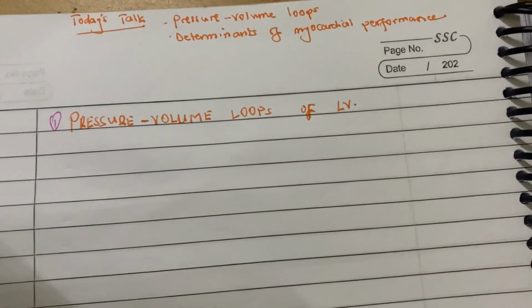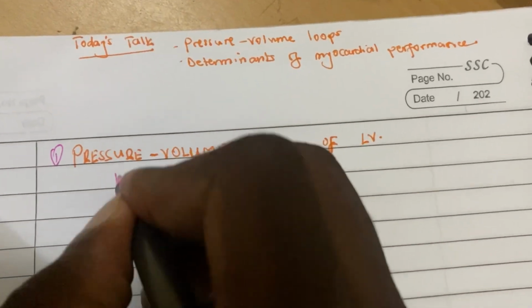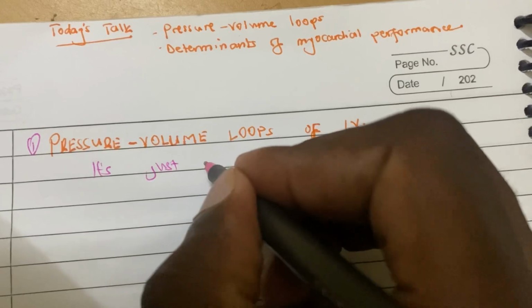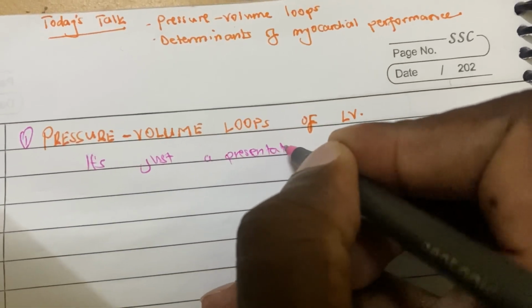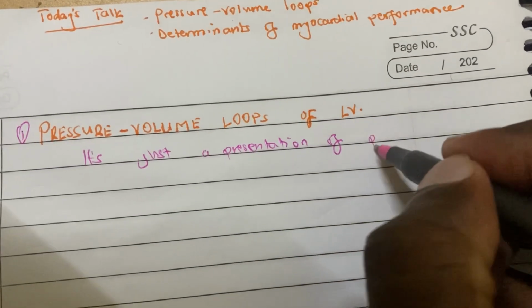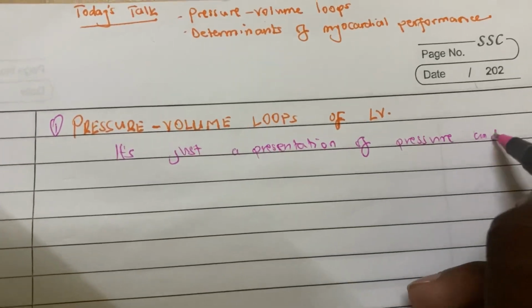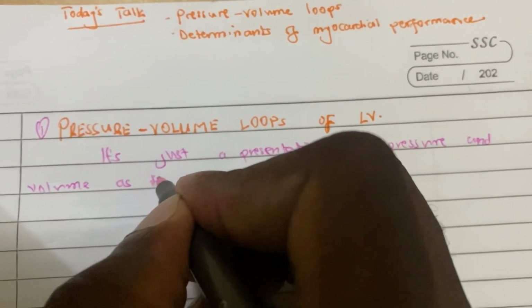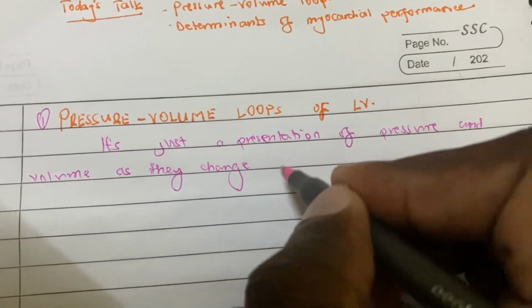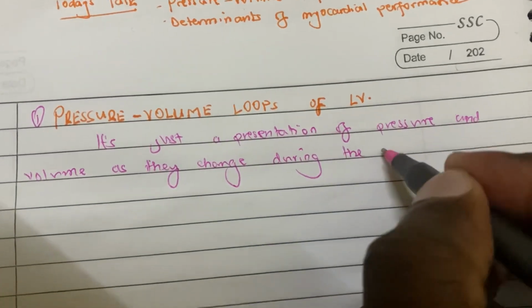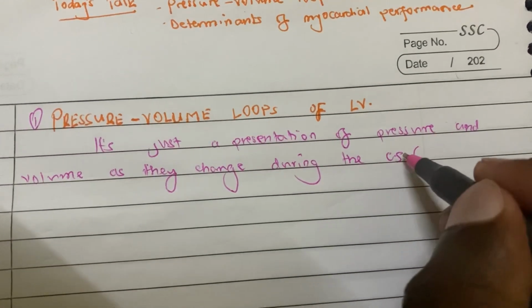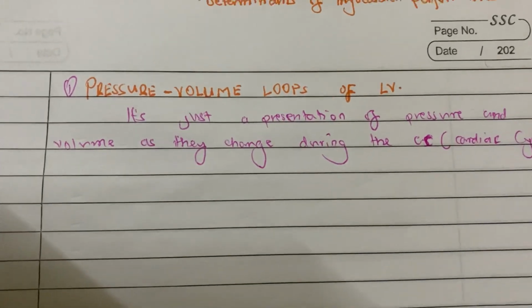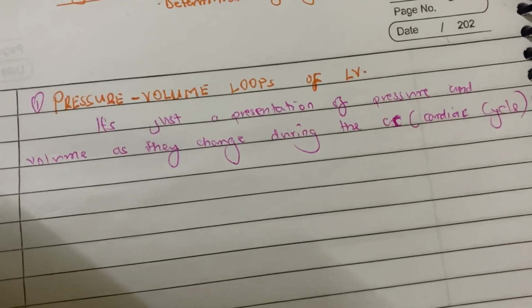Pressure volume loops are just a presentation of pressure and volume as they change during the cardiac cycle, that is, in real time if you need it.